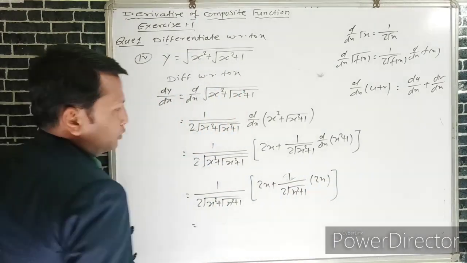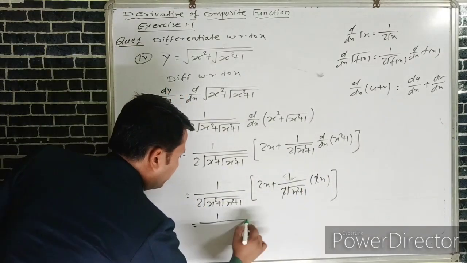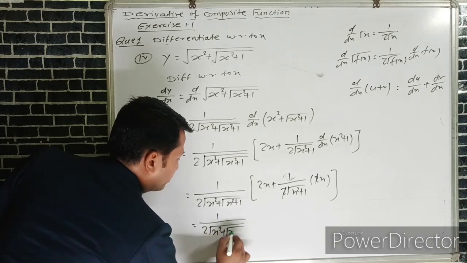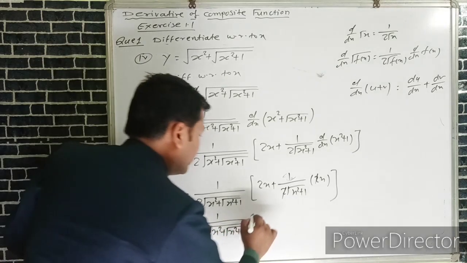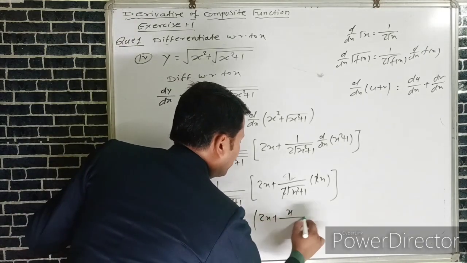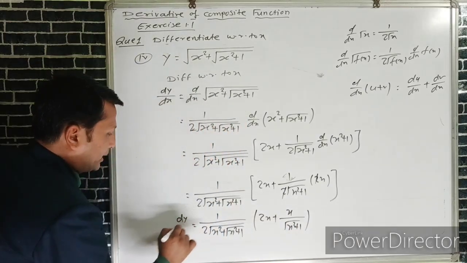Here 2 cancels, we can write it 1 upon 2 under root of x square plus under root of x square plus 1 into 2x plus x upon under root of x square plus 1, which is the required derivative of y, dy upon dx.